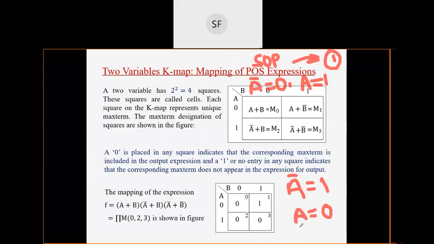And if your max term is present in the output expression, then you have written 0 in that cell. So I hope these differences are now very clear to you, and you should remember them throughout this unit.